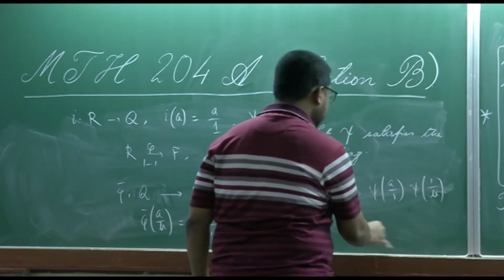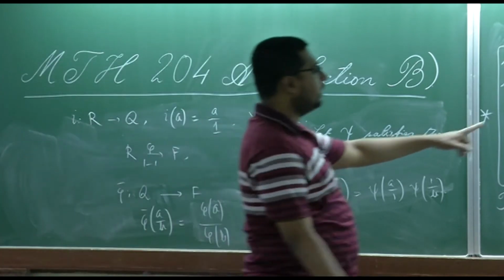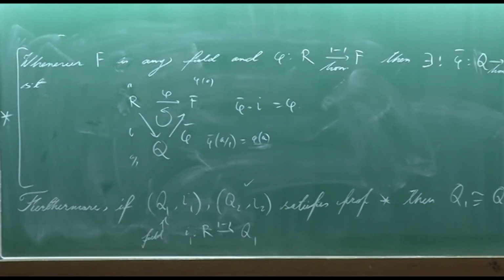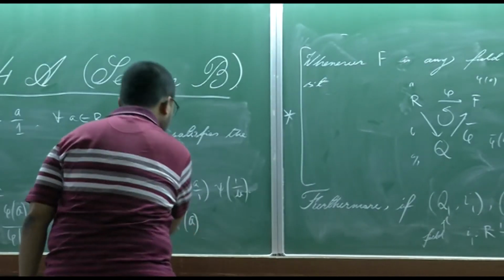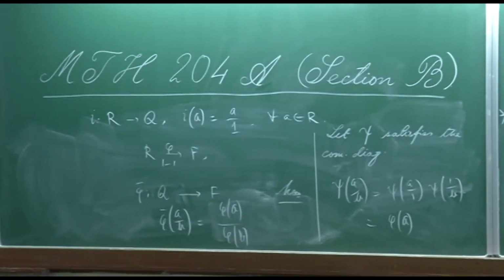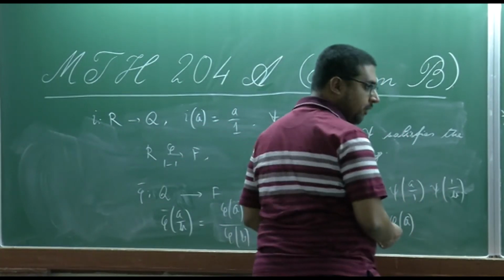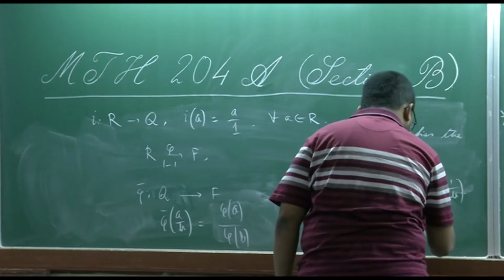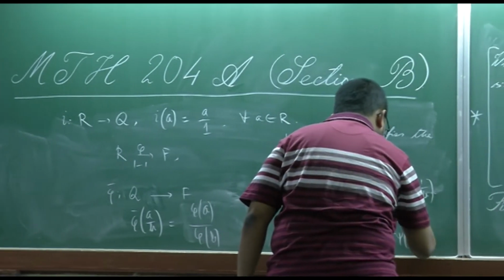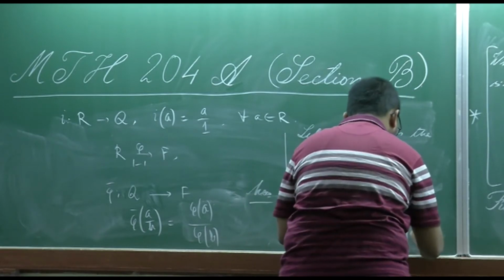Now, psi satisfies this commutative diagram, so that means this has to be phi of a, and psi of 1 by b has to be the inverse of psi of b by 1, because psi is a ring homomorphism, and therefore it is nothing but 1 by psi of b by 1, which is again phi of b.